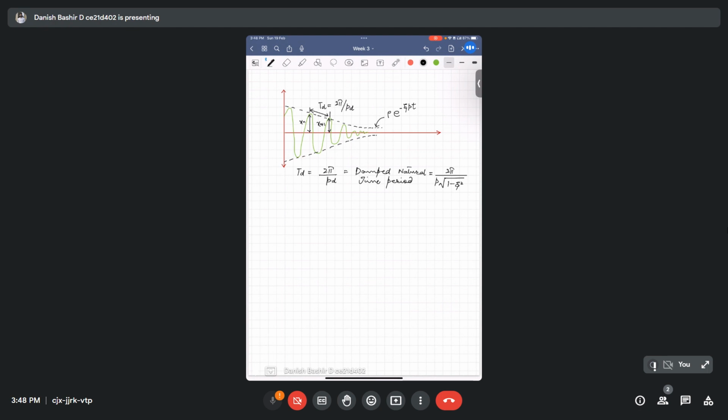So 2 pi by p is actually the natural time period Tn divided by under root 1 minus theta square. So the denominator is getting less than 1, so we'll be having Td greater than Tn. So the damped natural time period will be greater than the natural time period of the system.